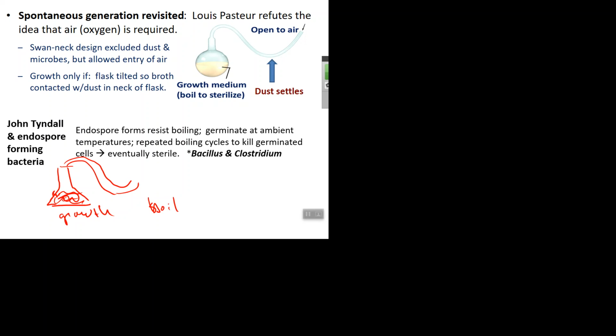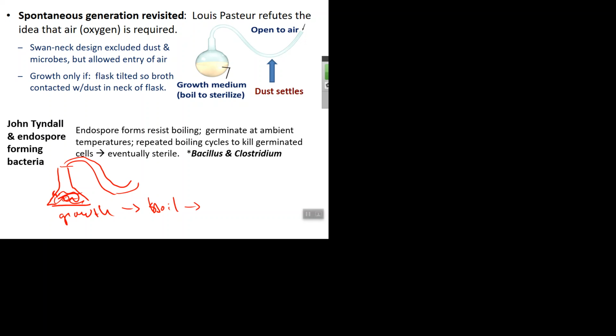okay? And so what would happen is, the boiled broth would initiate spore formation, right? And as it went down in temperature and cooled off, then some of those spores would germinate and grow, okay? And so then if he boiled it again, he would kill off those types, okay?